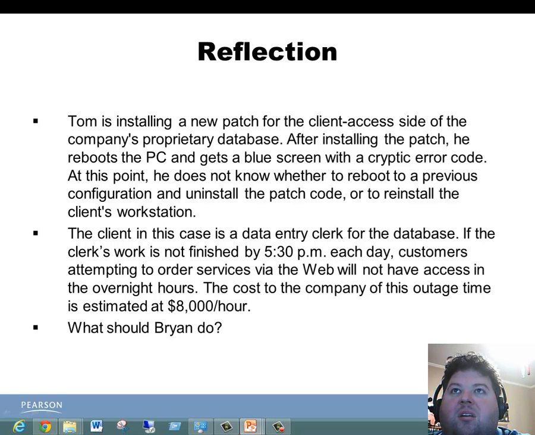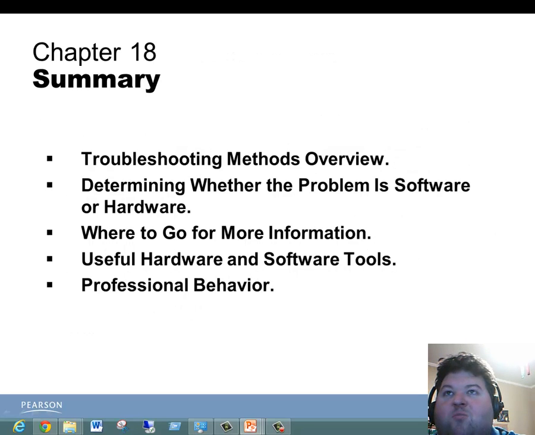If it's not finished by 5:30, customers attempting to order services via the web will not have access in overnight hours. This costs the company $8,000 an hour. What should he do? Think about that, and think about the other things we said in this chapter, with professionalism being the big thing.